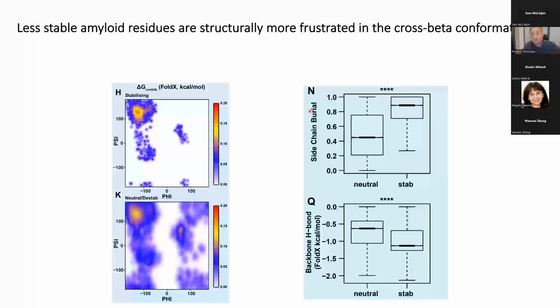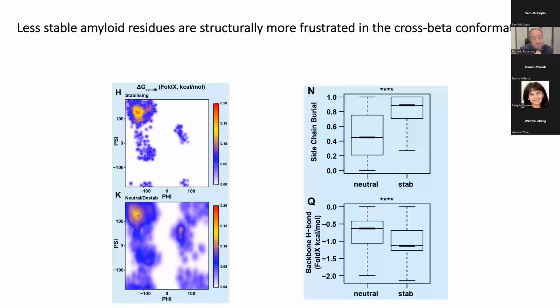You can say, okay, I don't believe Foldex too much, I just don't want to trust it. Then you can look at structural parameters that have nothing to do with Foldex. For instance, here you can see a comparison of the Ramachandran plots of all the amyloid structures we have now together, with the phi-psi angles of the more stabilizing regions.